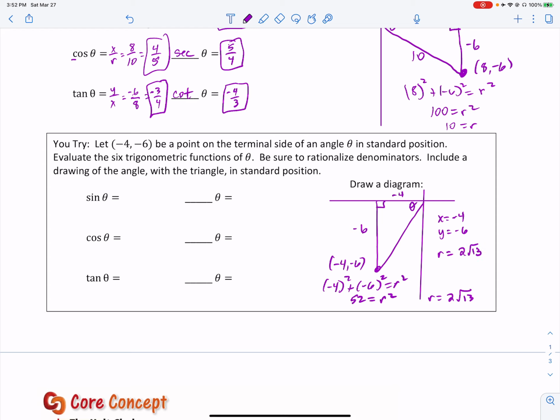So sine is going to be y over r. It's going to be -6 over 2 root 13, which is going to be -3 over root 13. And rationalized is -3 root 13 over 13. You need to show some work on that.